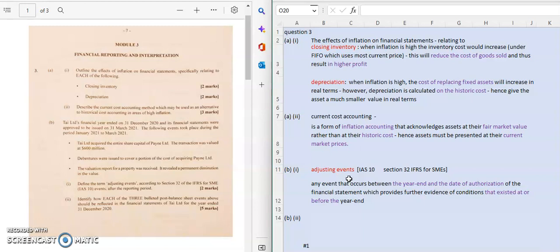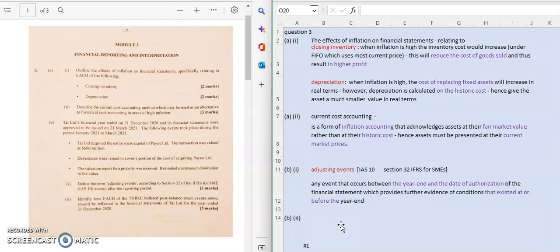Anything that happens in between there that provides further evidence of conditions that existed on or before December 31st, 2020 in this case, that will be an adjusting event. If it occurs but it does not provide any further evidence, then obviously it's a non-adjusting event.